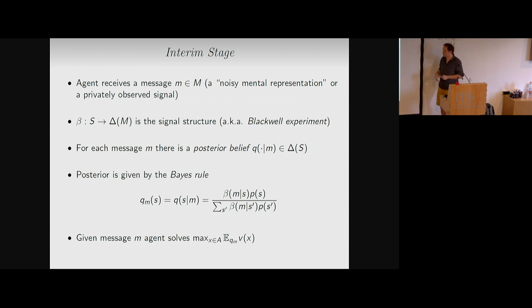So it's the joint probability of observing state S and message M normalized by the probability of observing message M. So that's what Q_M is. Q sub M, I write it this way. And so for each message M, the agent now chooses the optimal item in the menu given their posterior Q_M.